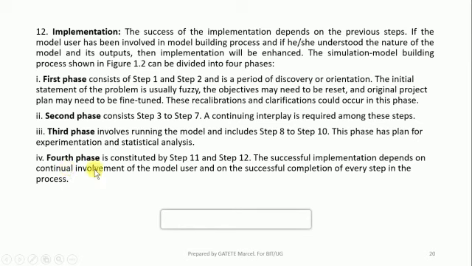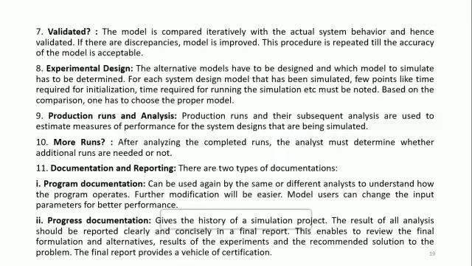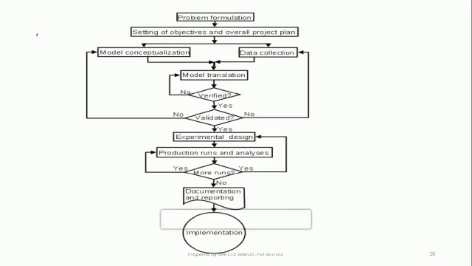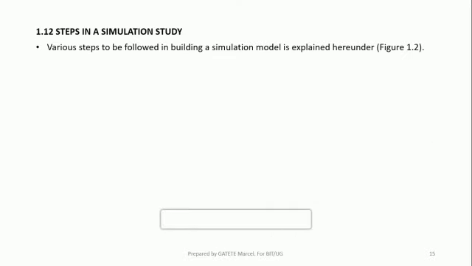If at each and every step you have involved the users, your implementation will be successful. And if at each step you have made the possible changes, the implementation will be successful. So these are the steps required to carry out a simulation study.